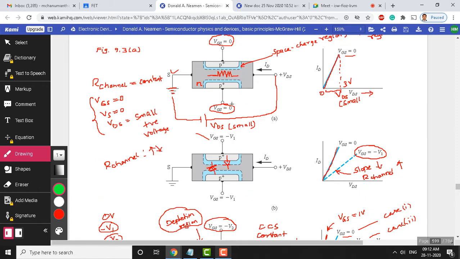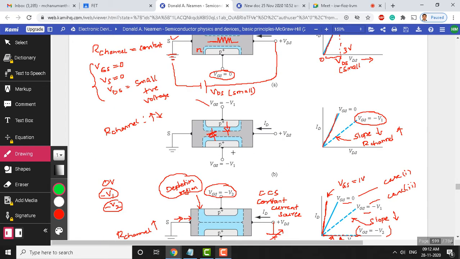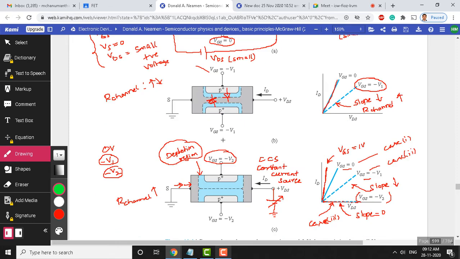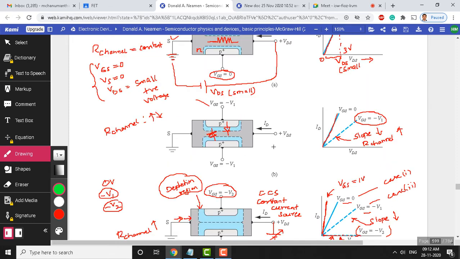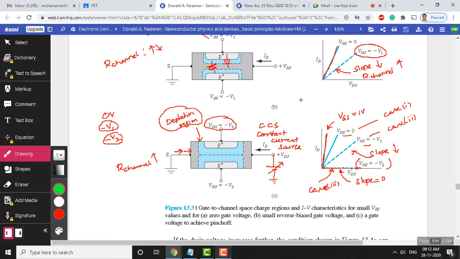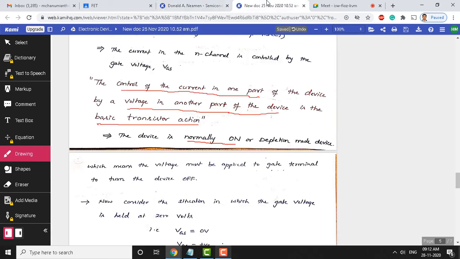We have varied VGS from 0, -1, -V1, -V2. In yesterday's class we have seen all these things. So this mode of operation, for VGS from 0 to negative values like -1, -2, -V3, if you go to more negative values of VGS, is called depletion mode or normally on.